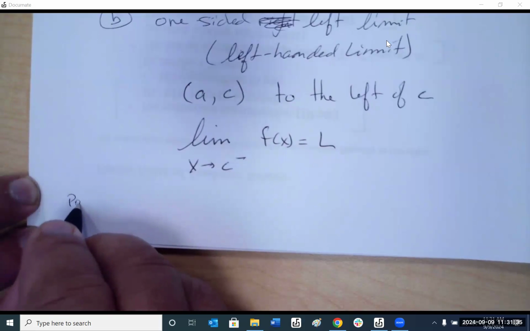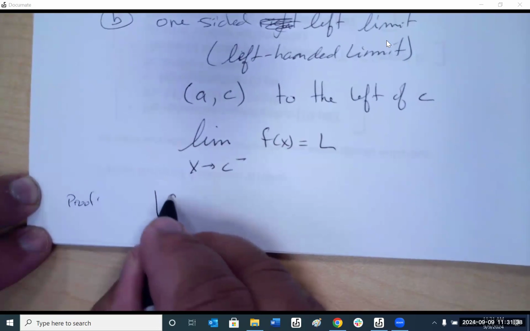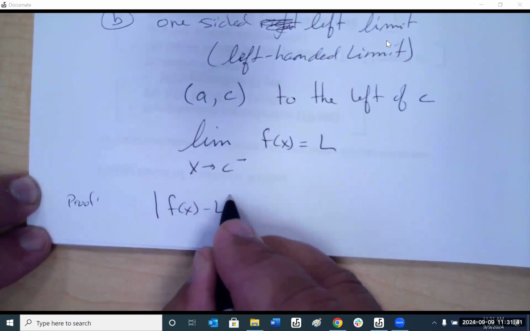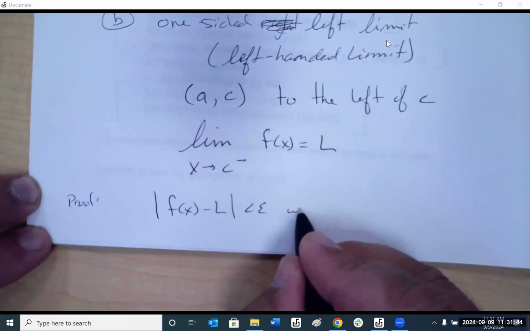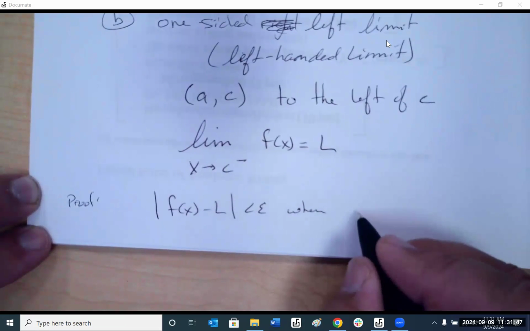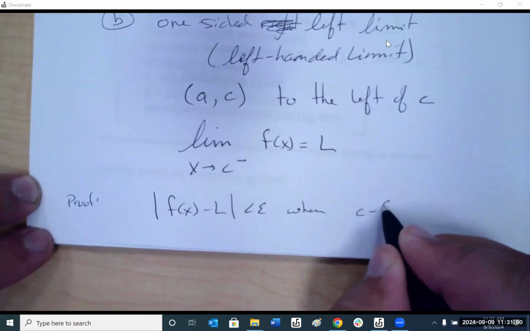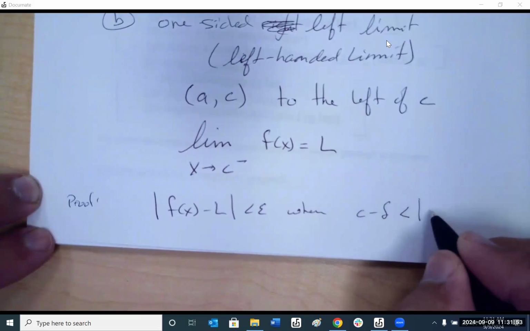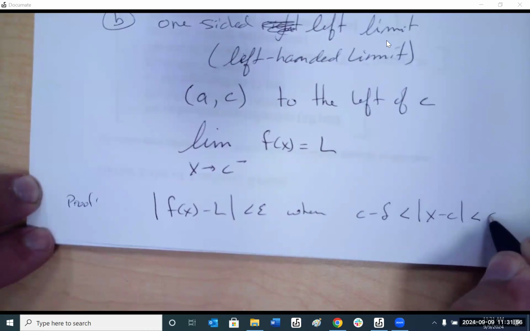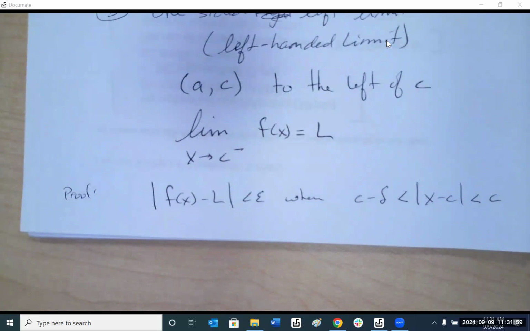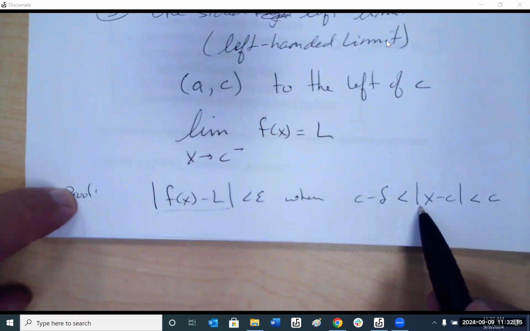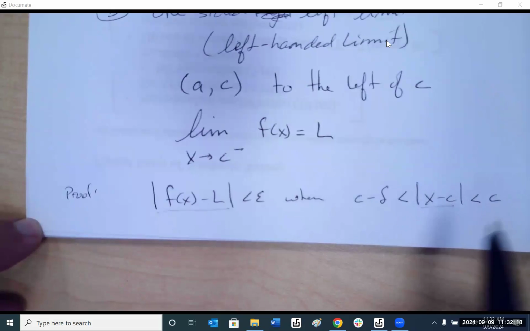And the proof of it is the absolute value of f of x minus L is less than epsilon when C minus delta is less than x, less than C. Remember, in the epsilon delta proof, we have to try to make this equation look like this, and then we compare the epsilon and delta parts.